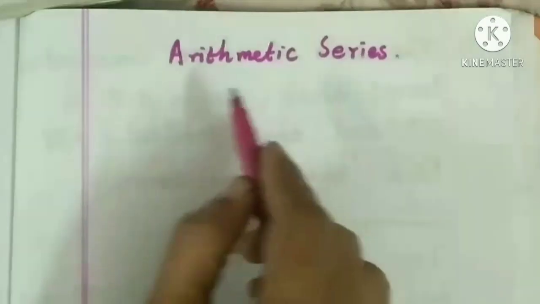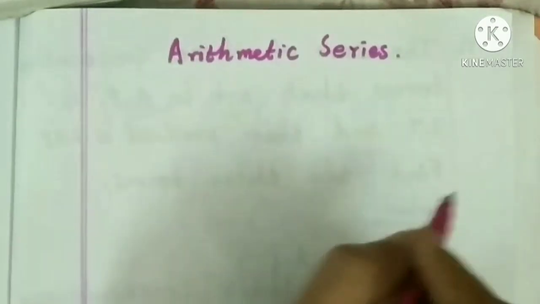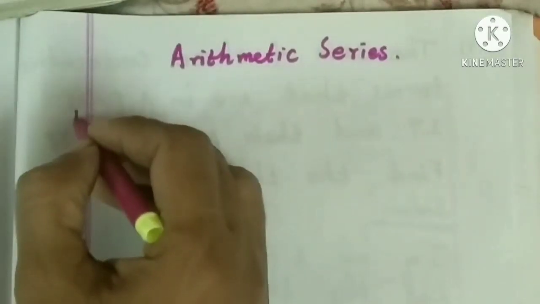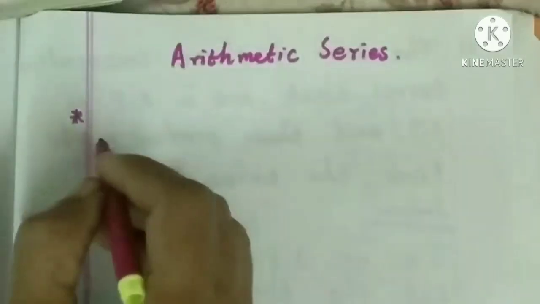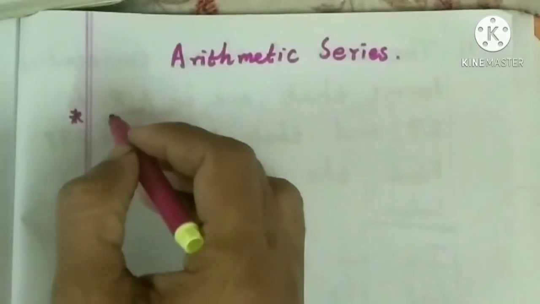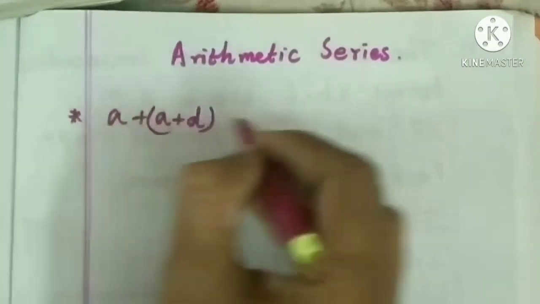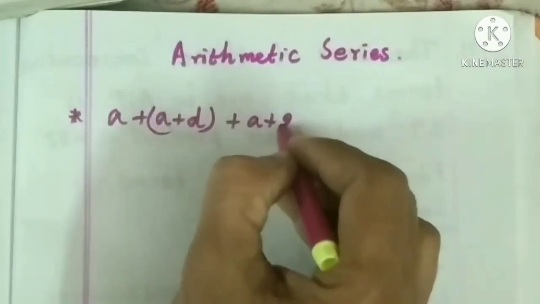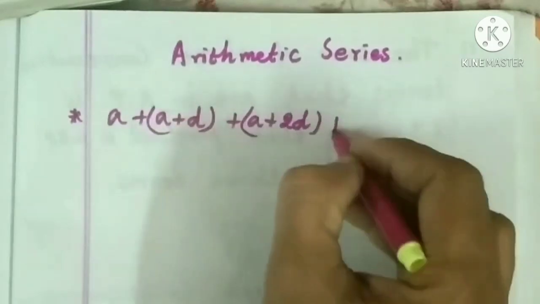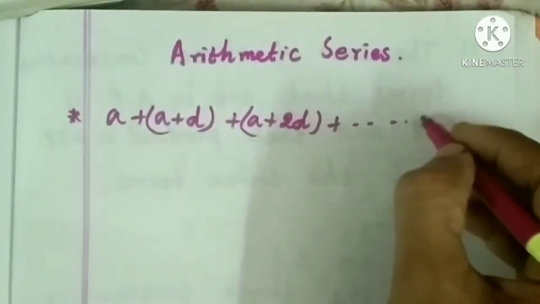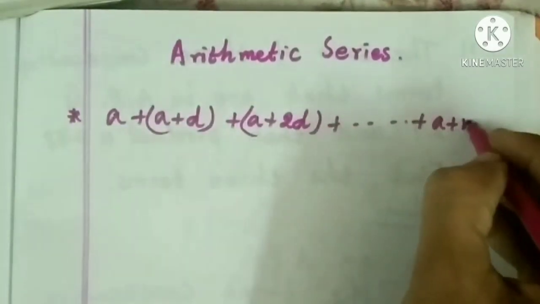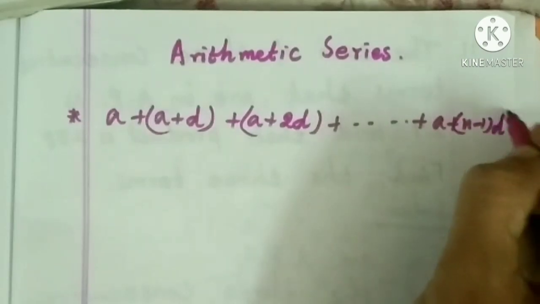Next we see some important points of an arithmetic series. The general form of the arithmetic series is a plus a plus d plus a plus 2d up to nth term a plus n minus 1 into d.